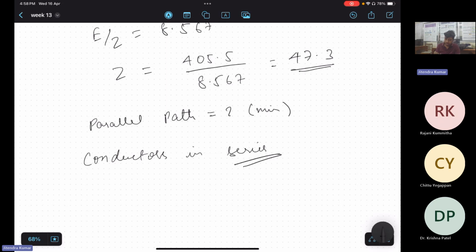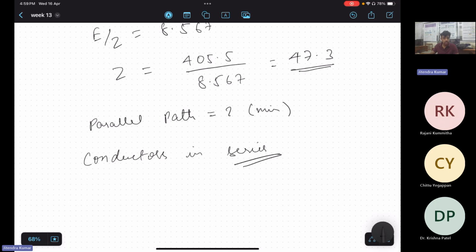Let me present my screen first. With the motor model, we'll be able to see how these paths are connected.